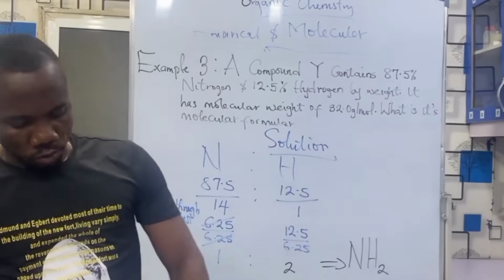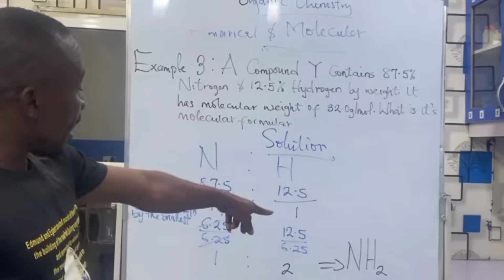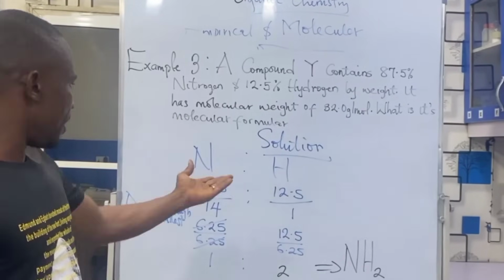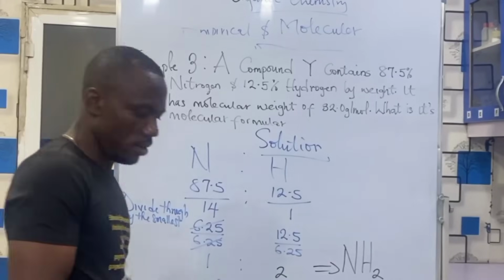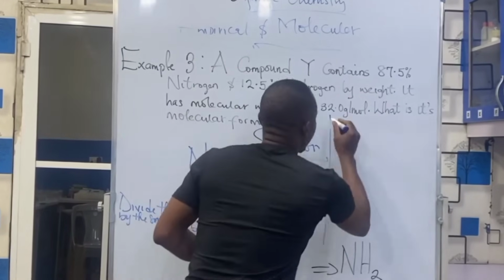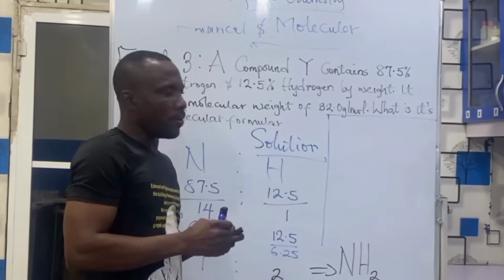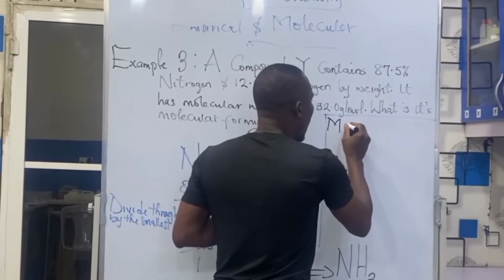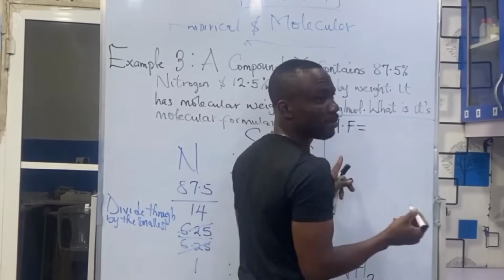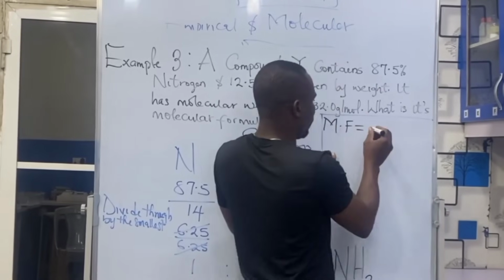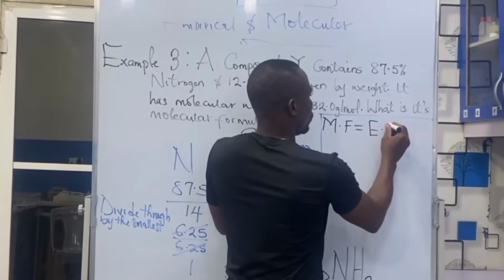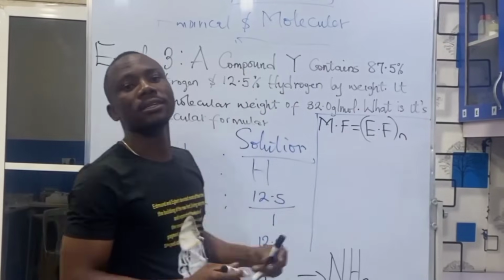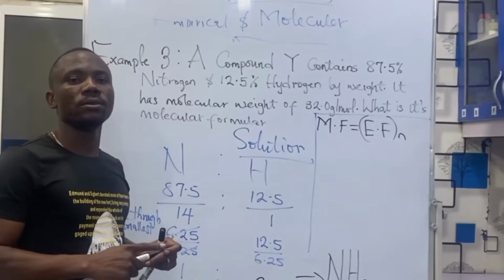But that was not what we are asked to do. We are asked to find the molecular formula from the question. And then recall that in our previous example, we pointed out that molecular formula and empirical formula have a relationship mathematically as M.F equals E.F, of course, bracket n, where n is the whole number ratio.